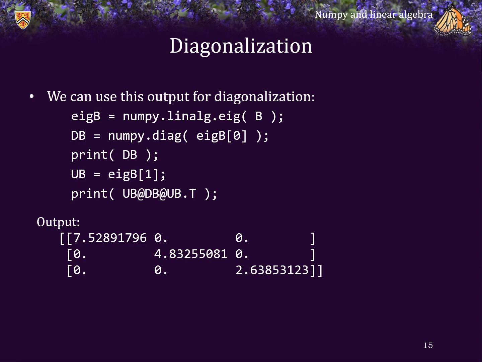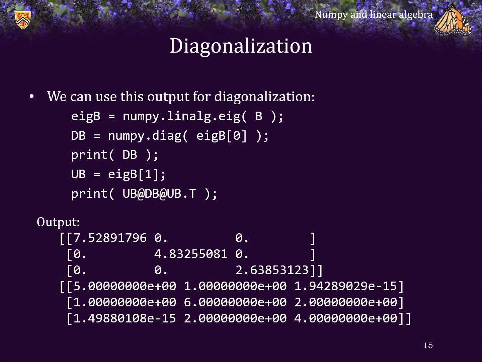Consequently, if we calculate the orthogonal matrix times the diagonal matrix times the inverse of the orthogonal matrix, which is, of course, the transpose, we get not the exact original matrix, but something very close. So as you can see, this is 5, 1 with something that's almost 0, 1, 6, 2, something that's essentially 0, 2, 4, which is, again, very close to the original matrix.